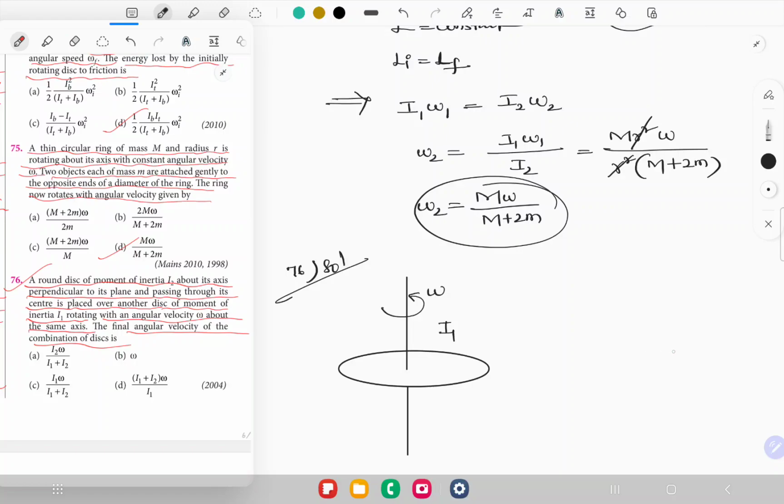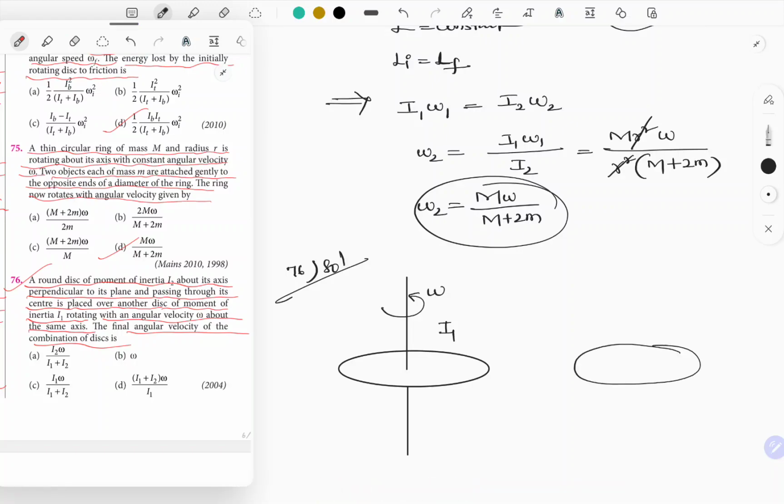On this I1 disk, on this first disk, another disk is placed whose moment of inertia is I2. So moment of inertia of the first disk is I1. Now I need to find out angular velocity of this combination.